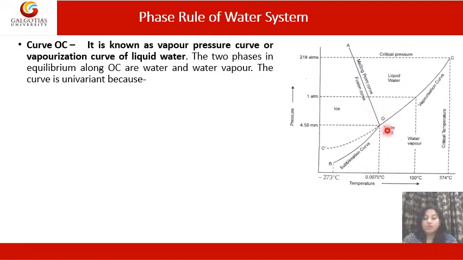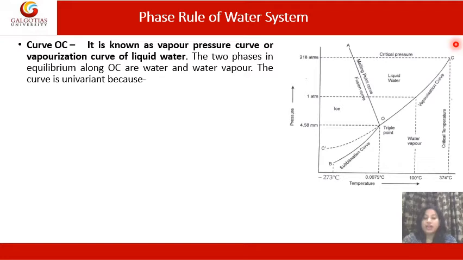The starting point O of the curve corresponds to the freezing point of water, that is 0.0075 degrees Celsius at pressure 4.58 mm. The curve ends at C, the critical temperature 374 degrees Celsius and the pressure 218 atmosphere. Beyond this temperature, liquid water cannot exist.